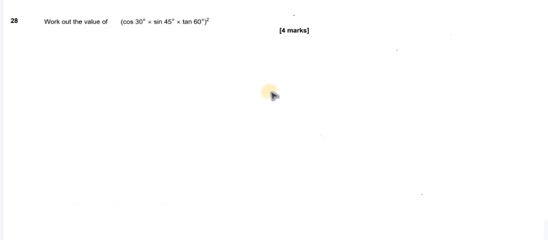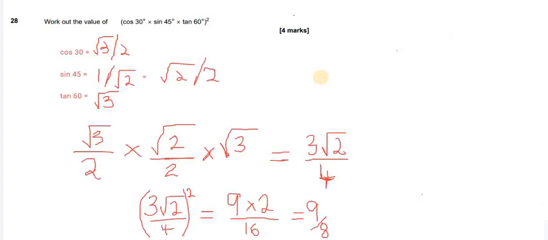Question 28, and the final question of the paper. Work out the value of cos 30 times sine 45 times tan 60, all in brackets, squared. So, cos 30, you're meant to know this, is equal to root 3 over 2.